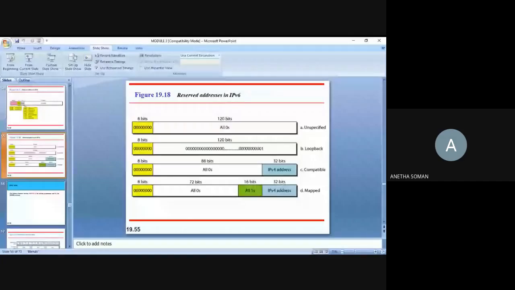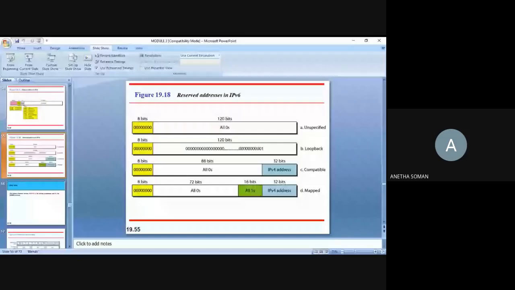Now, an unspecified address is used when a host does not know its own address. What it will do is send an enquiry to find its address. That is the meaning of unspecified address. If I don't know my address, I should somehow know what my address is, so I will send an enquiry.